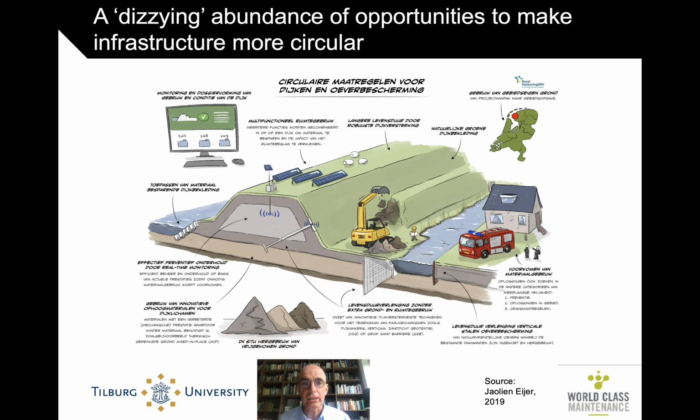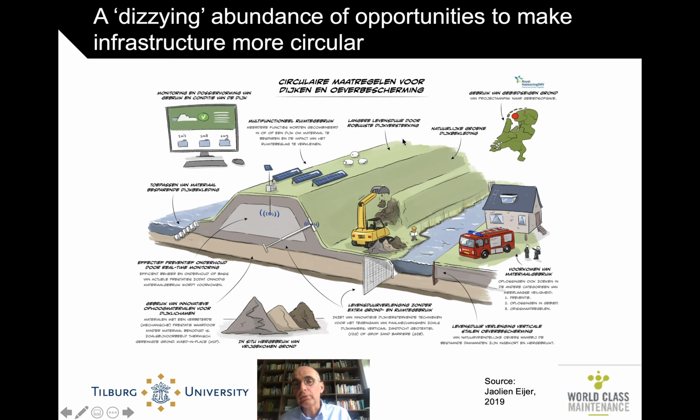And this is just an artist's impression of the things that we Dutch can do around dikes. We can have different material at the seaside to make sure that we don't need so much of the cladding of the dike. We can have all sorts of monitoring, of course, to make sure that there's preventive maintenance being done on the dike structure. We can have alternative uses of the space in front of the dikes, not just sheep, but also solar panels.